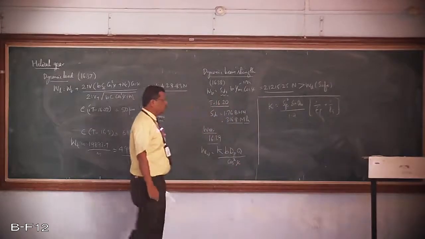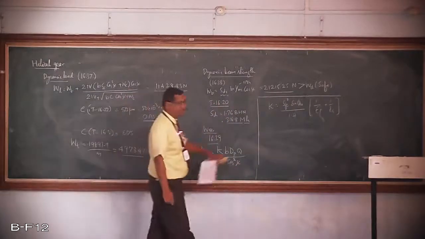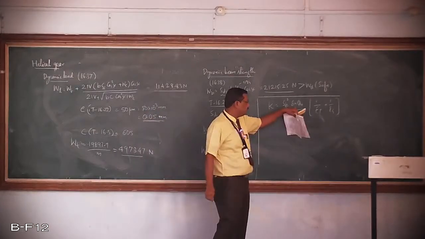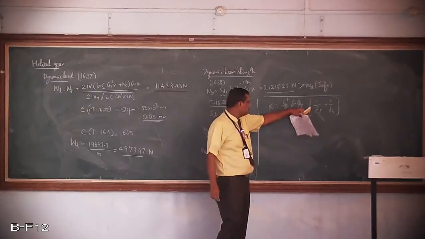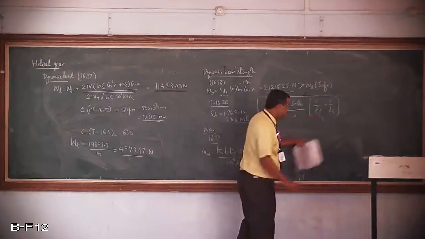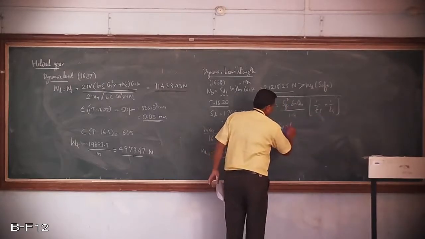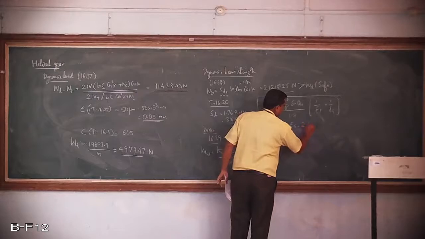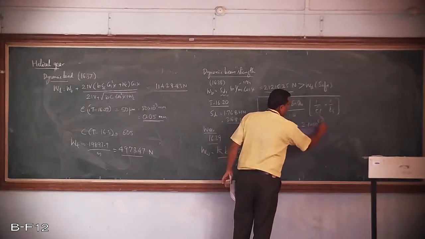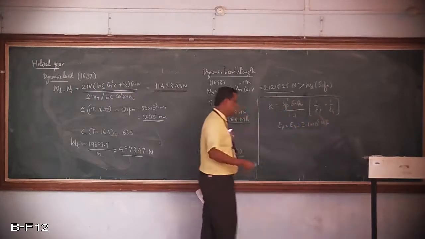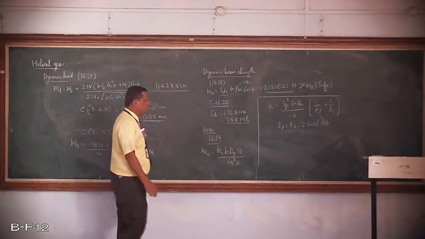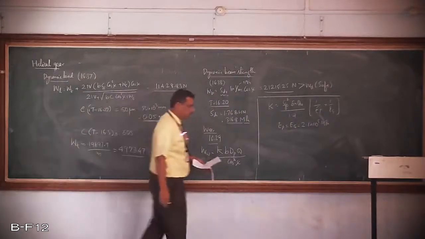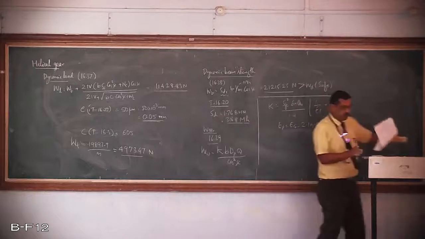Now, how to get the value of SFE? This is the surface endurance limit into sine of phi n. The value of phi n is given as 20, and 1.4. EP and EG are both of steel, therefore you can assume the value. Let us assume it as 2 into 10 to the power 5 megapascal as the Young's modulus. SFE square is one of the important things, and it can also be found from the table.